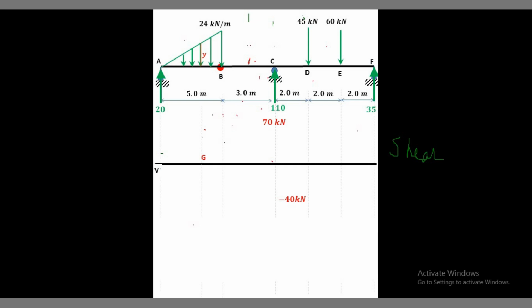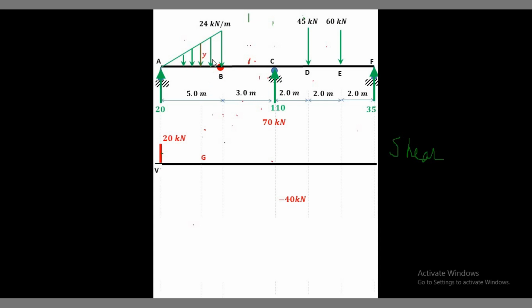At point A, meron tayong 20 kilonewtons pataas. So, ang gagawin ko lang dito is mag-drawing ako ng line that since pataas si 20, positive siya. So, yung ating 20 kilonewtons nasa taas nung ating line na ito, yung kulay black. Then, we have itong 24 kilonewton per meter na to.